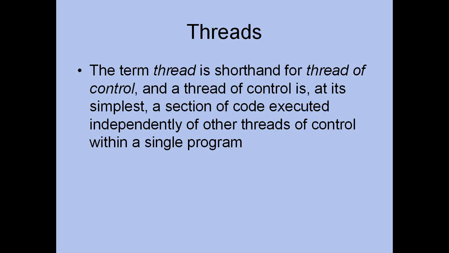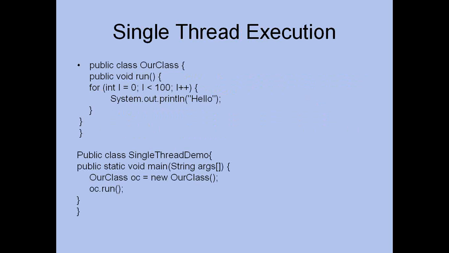We'll come back to discuss how to create that thread of control, or how to do this multi-threading within Java. Before that, let me show you how a single thread execution will look like.